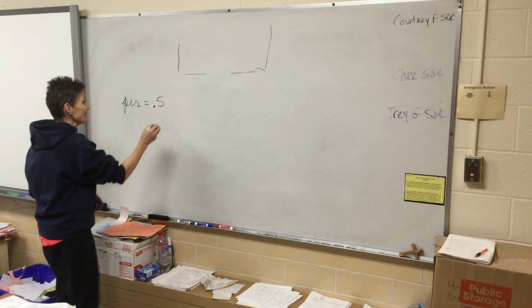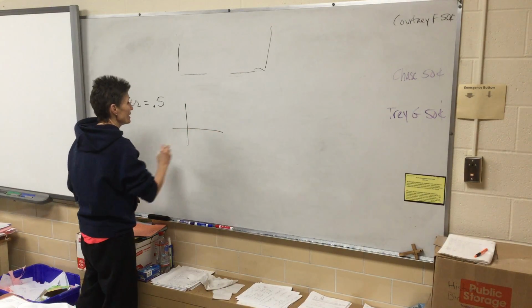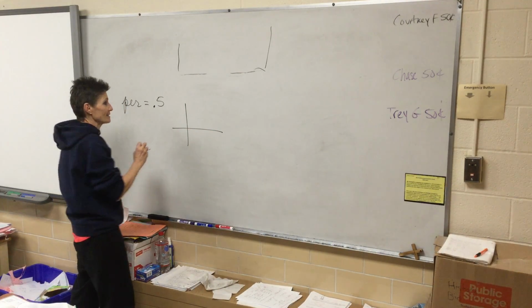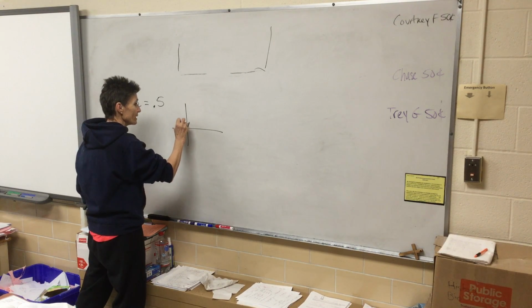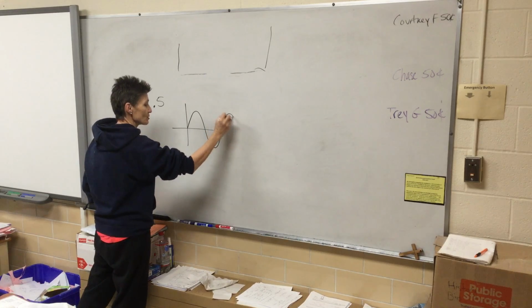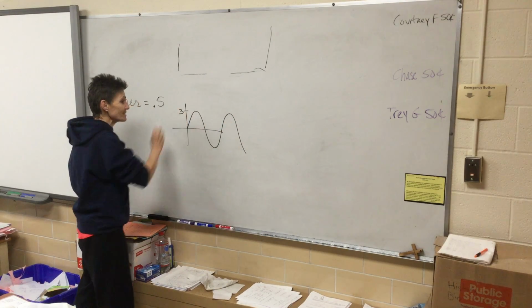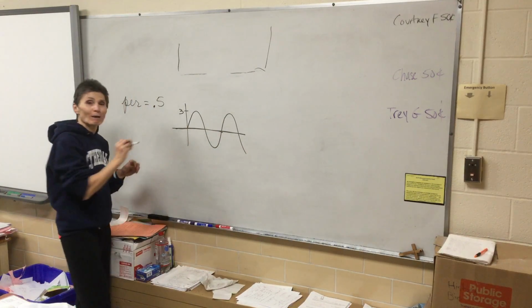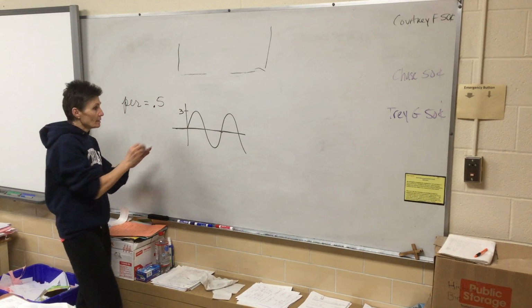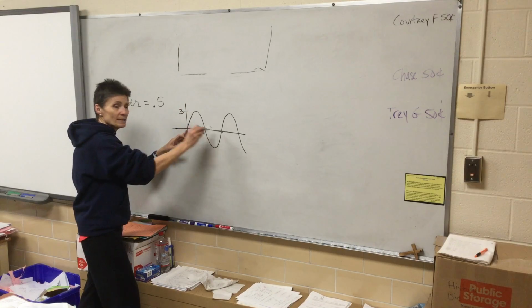Its maximum displacement is 3 centimeters. So what that means is, if we look at the motion of the spring getting stretched and shrunk and stretched and shrunk, its maximum displacement, if this is the thing at rest, then 3 up and 3 down is all it goes.